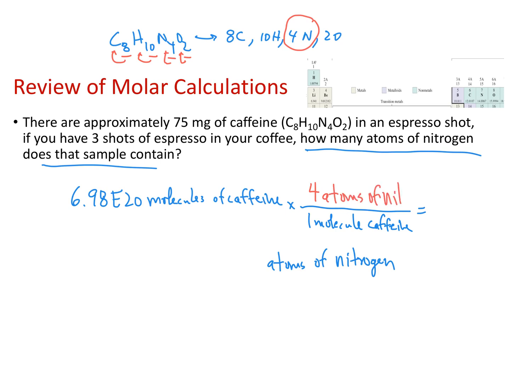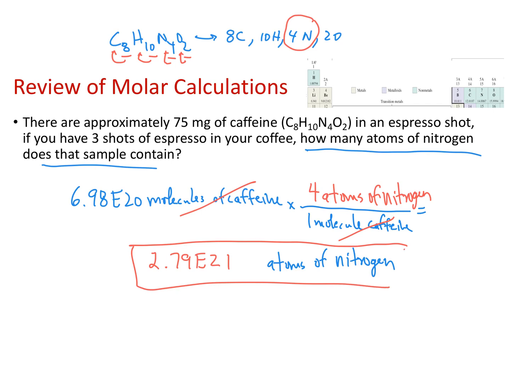So that's my conversion factor. So that means I have to multiply 6.98 e to the 20 by 4. Molecules of caffeine cancel out. I multiply that by 4, and my final answer should be approximately 2.79 e to the 21 atoms of nitrogen would be in that sample.